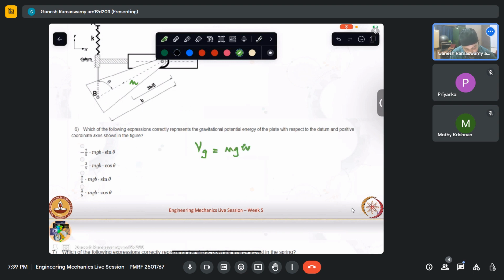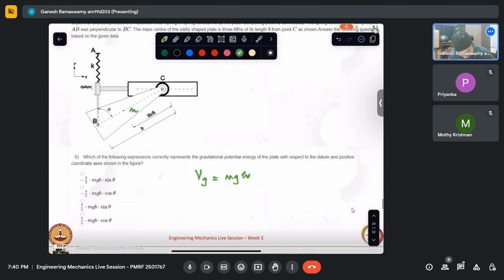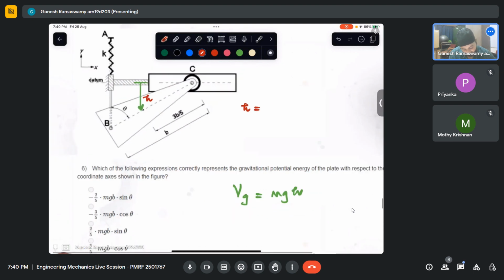Now h in this context is like that. In this context, h is like that. So h is nothing but, if I take this triangle, there, I have this as 3b by 5.